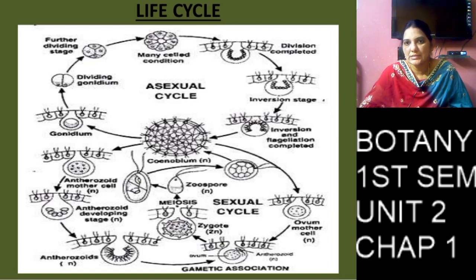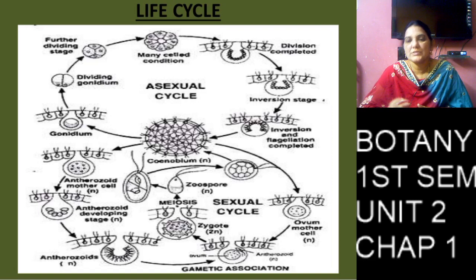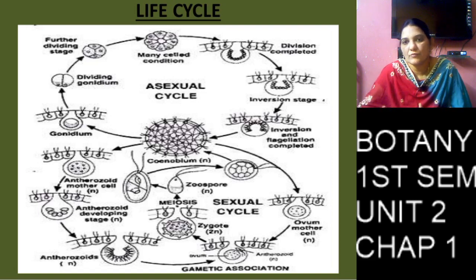So the 16 cells attach with each other and turn into an upright position and then an inversion position, so the inner side parts come to the outside and then they form flagella, nucleus in the cytoplasm, and chloroplast and pyrenoid vacuoles are also formed, and then the daughter colony is completely formed.